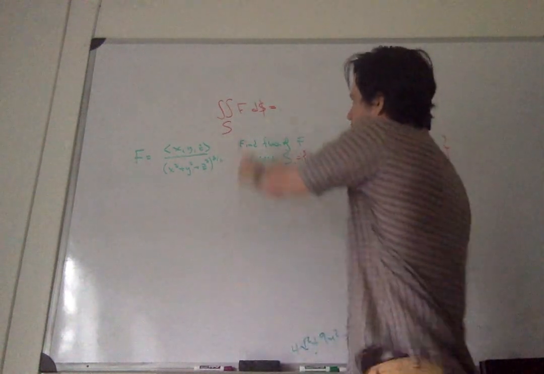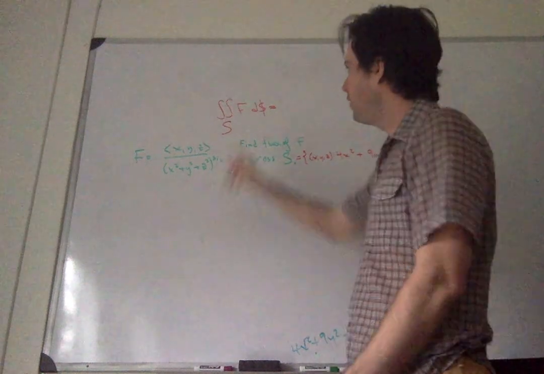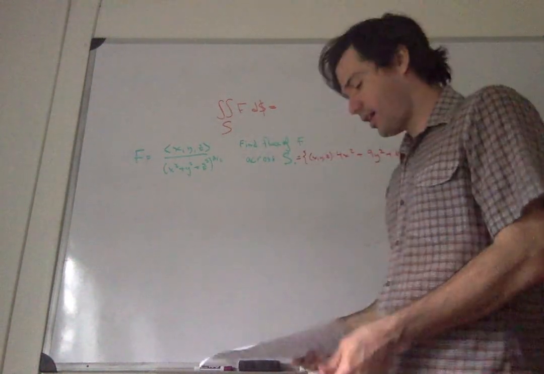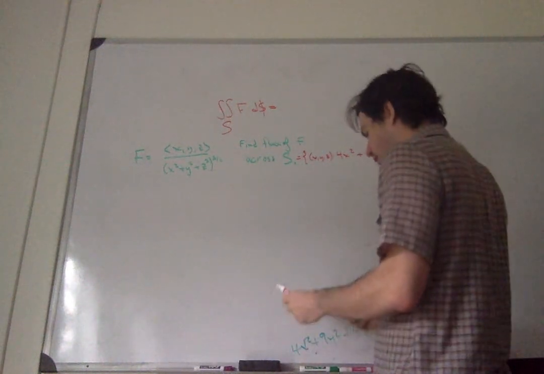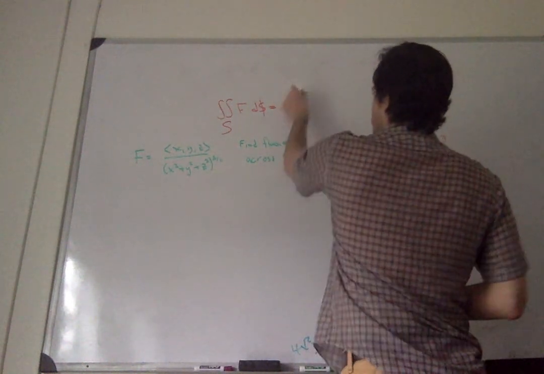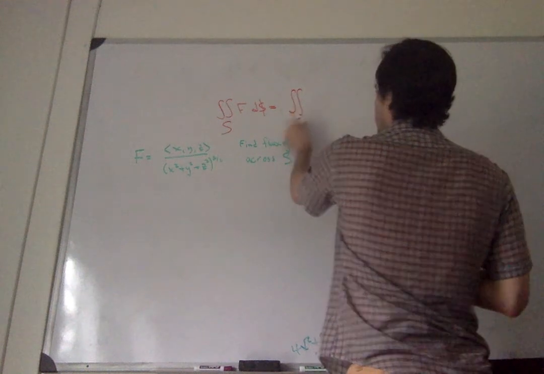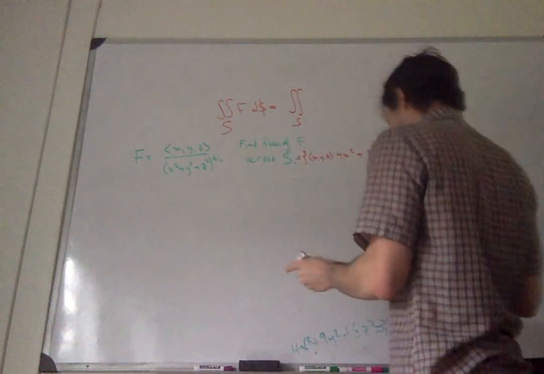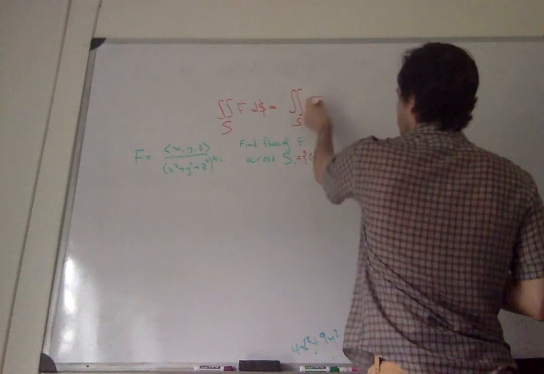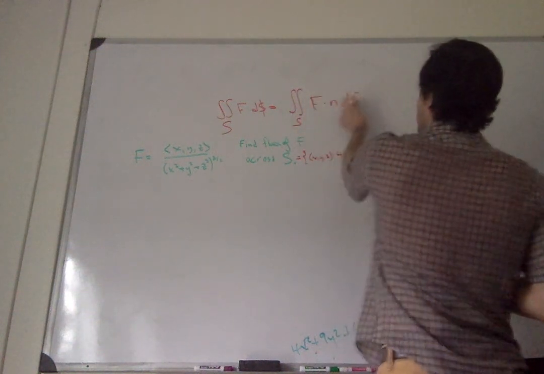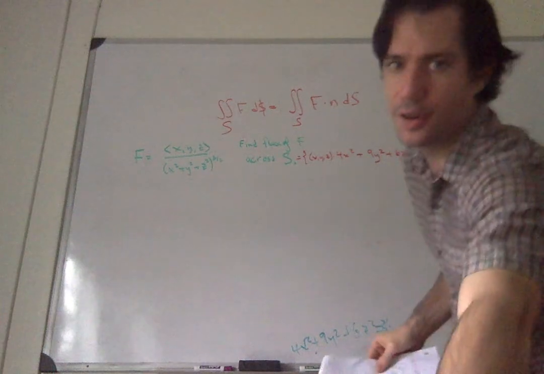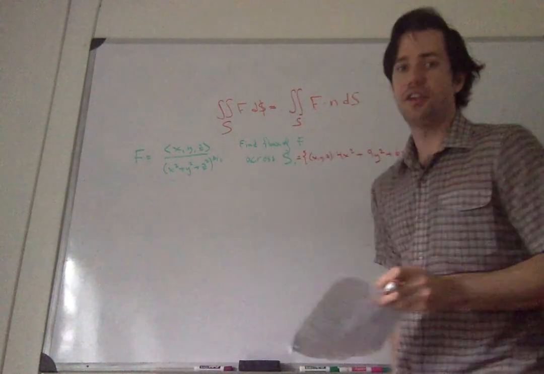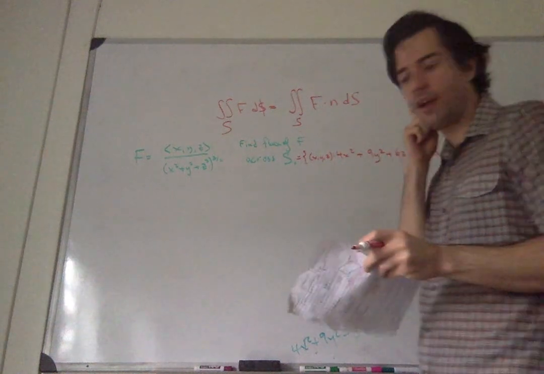Okay, so just as a reminder, this is the flux of f across S, and by definition, this integral is equal to f dot n dS, right? In your book, they use a boldface S. I use the dollar sign. That's my style.